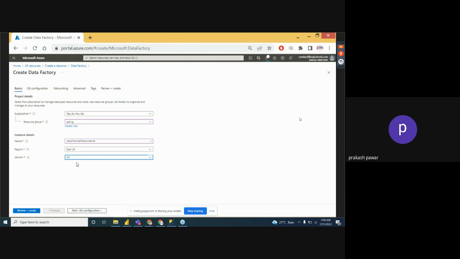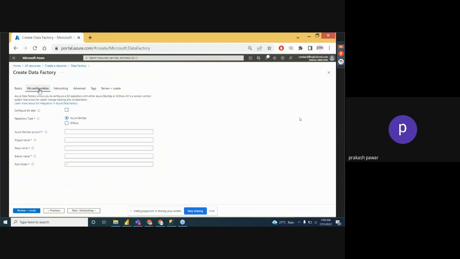V1 does not support Spark clusters. V2 supports Spark clusters. Go to Git configuration, because for working as a team, you require a version control, a common storage environment.